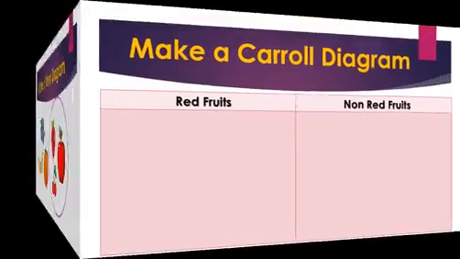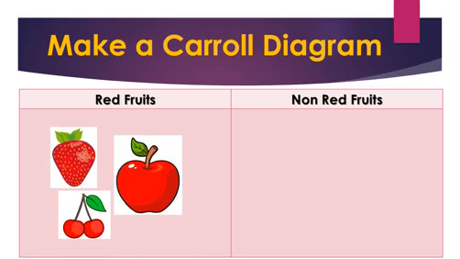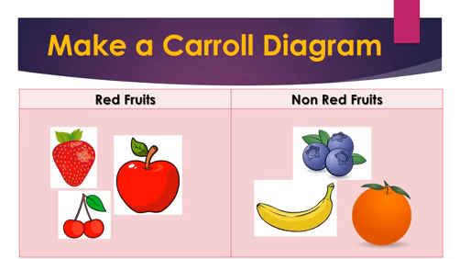So let's make a Carol diagram. This time, I have a table. The first part is the red fruits, and the other part will be the non-red fruits. For red fruits, we have again the strawberries, apple, and cherries. While for the non-red fruits, we have the blueberries, the banana, and the orange. Did you understand, kids?